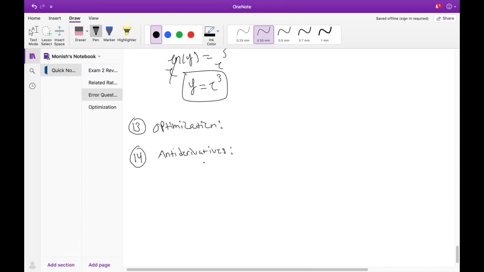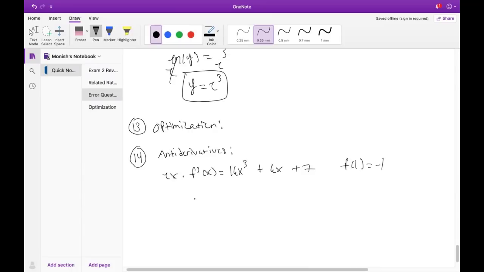So this is just one example. So if they're going to give you the derivative of something, and then they'll give you a condition saying f of 1 equal to -1, and then you have to find what f of x is equal to.